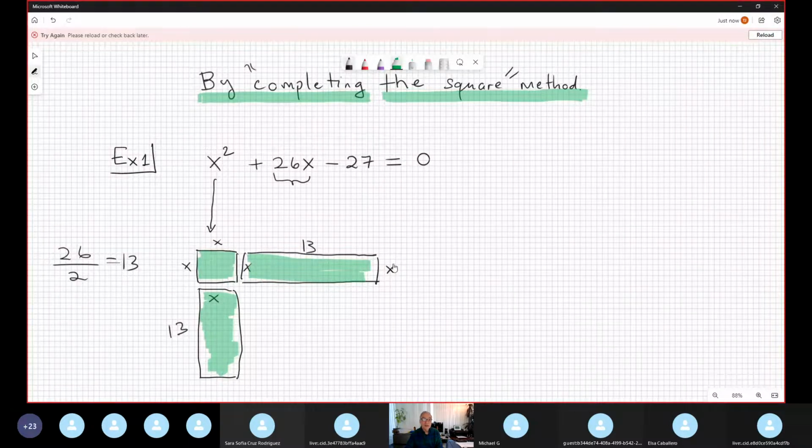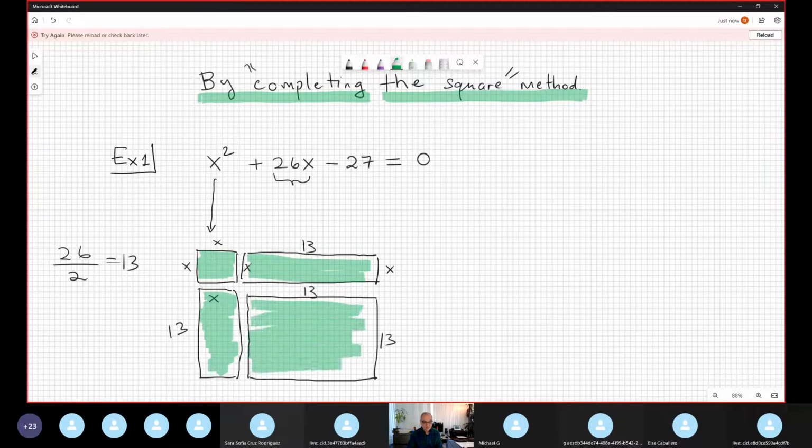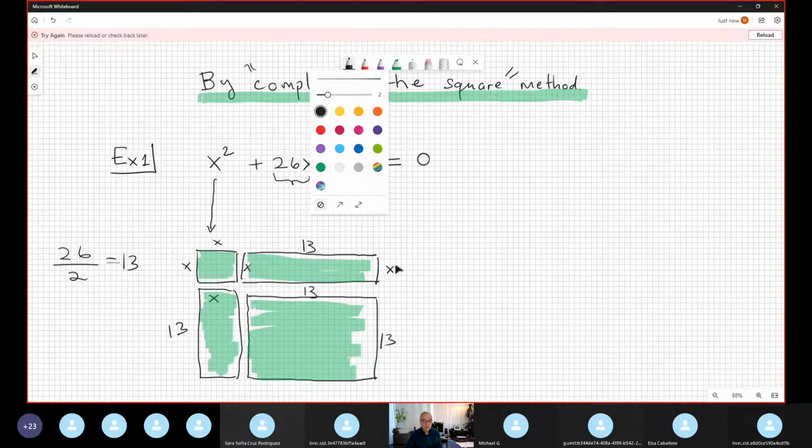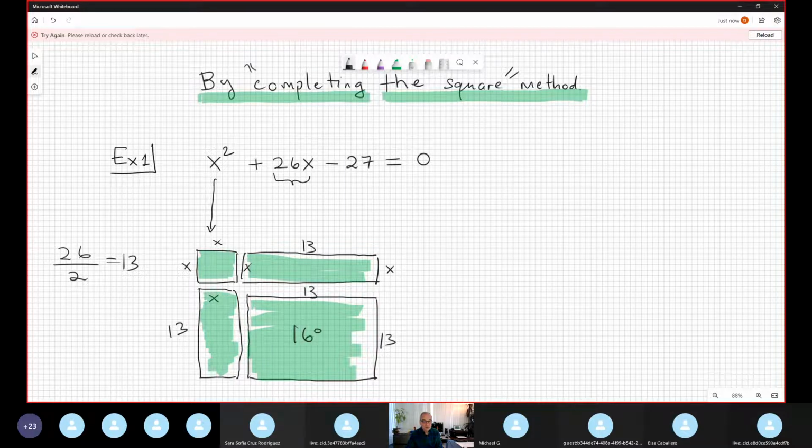Now I need to complete the square. What does it mean to complete the square? Find this square. Obviously it's easy. This segment is 13 horizontal, and this segment is 13. So this area is 13 times 13, which is 169.